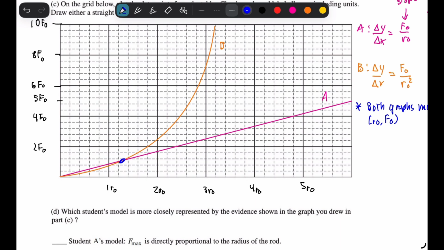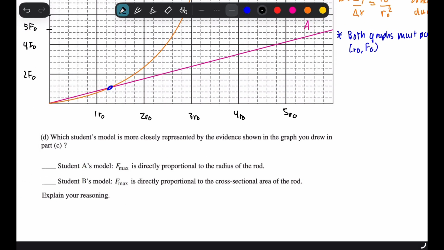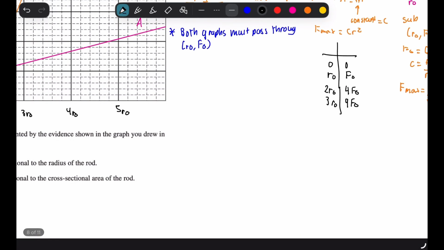Now, for our next part, we're asked which student's model is more closely represented by the evidence shown in the graph you drew in part C. Well, we're going to see that student B's is more closely represented.